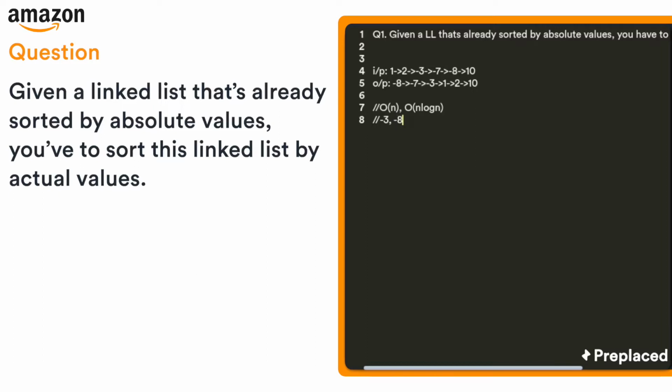So whenever I encounter a negative node in my linked list, I'll put that node at the head of the list, and I'll do that for every negative node. What about positives? I'll just skip them. They will be present in my final answer in the same order.